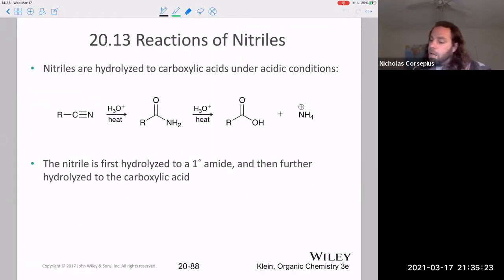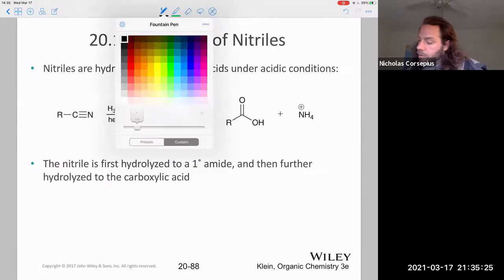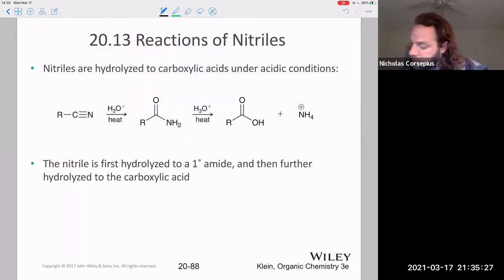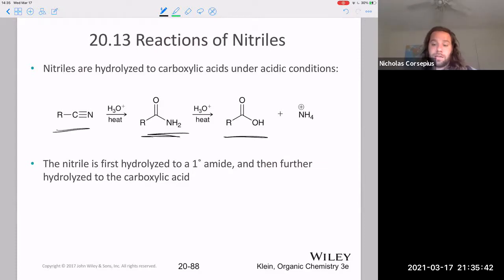And then we had learned before that nitriles can be converted to carboxylic acids through an acid catalyst and heat. What we didn't realize is that it actually proceeds through an amide intermediate.